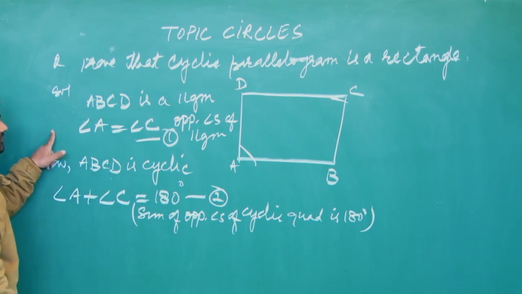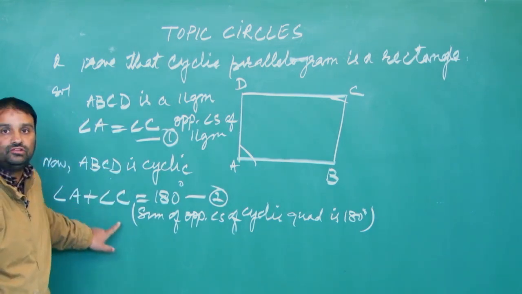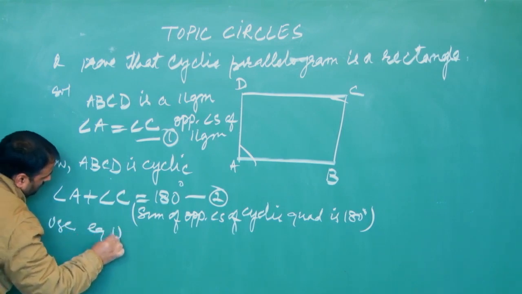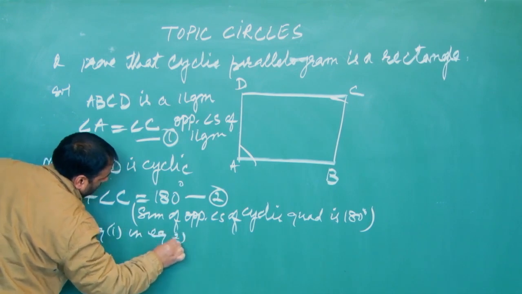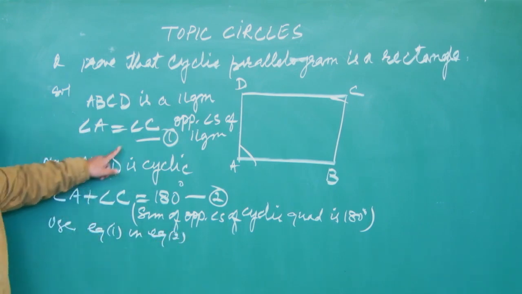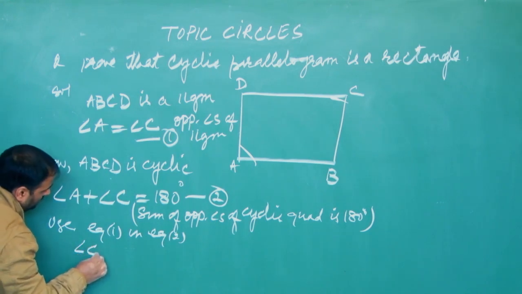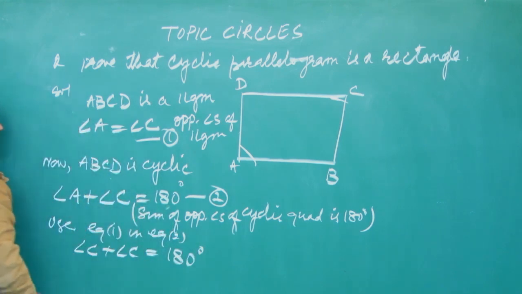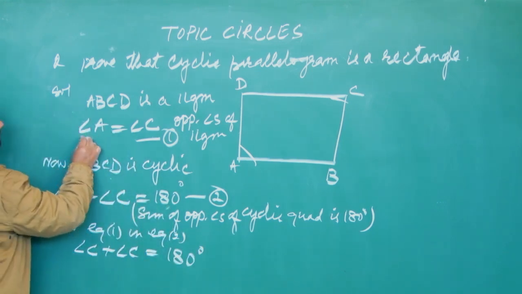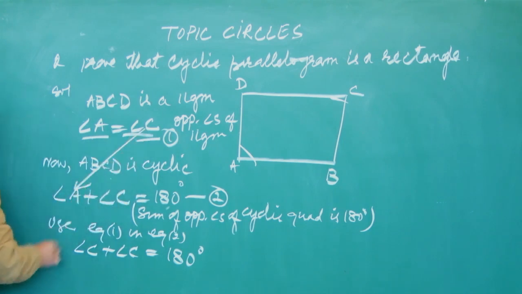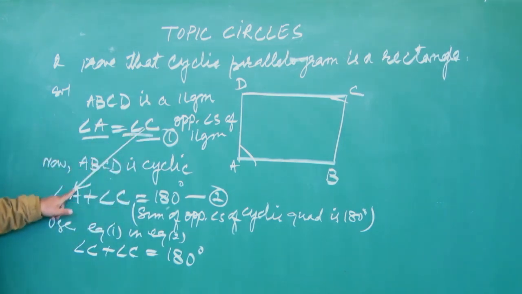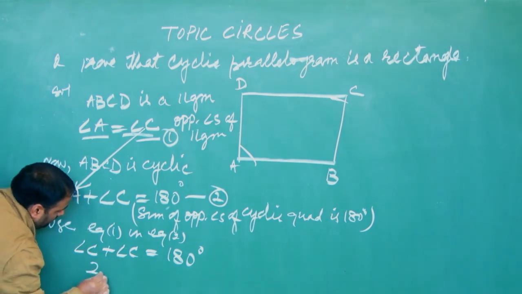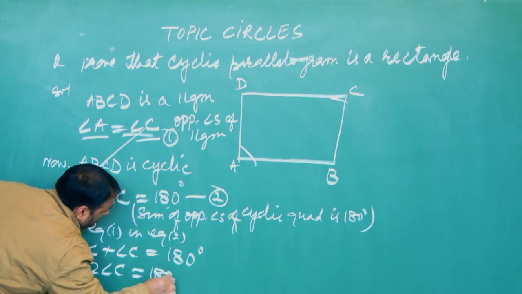Now, use the result of equation 1 in equation 2. Instead of angle A, because angle A is equal to angle C, you can place angle C in its place, and angle C plus angle C is twice angle C, which is equal to 180.